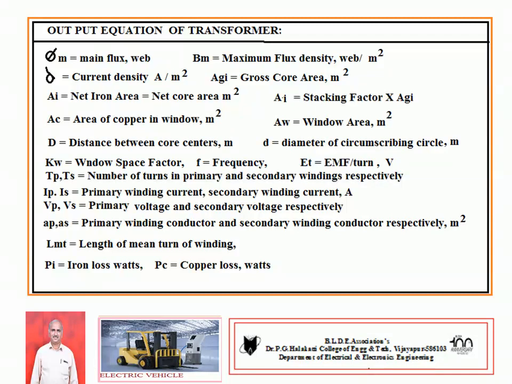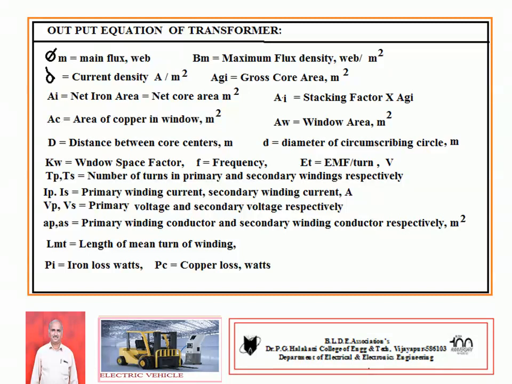IP, IS are the primary winding current and secondary winding current. VP, VS are the primary voltage and secondary voltage. AP is the cross sectional area of the primary winding conductor in millimeter square. Similarly, AS is for the secondary winding conductor, also in millimeter square.